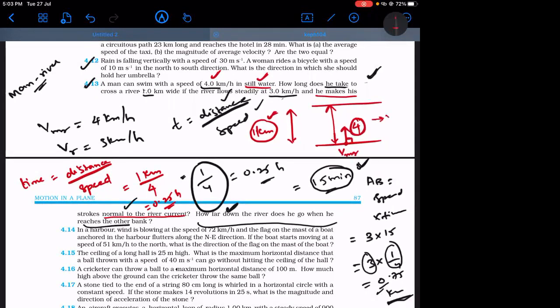The river current is in this direction. Are you able to understand? Keep this point in your mind: wherever you see a man can swim with a speed of 4 km per hour in still water, it is actually the velocity of man with respect to river. It means the velocity of the man with respect to river is exactly perpendicular to the direction of the river's velocity, because they have used the words he strokes normal to the river current.